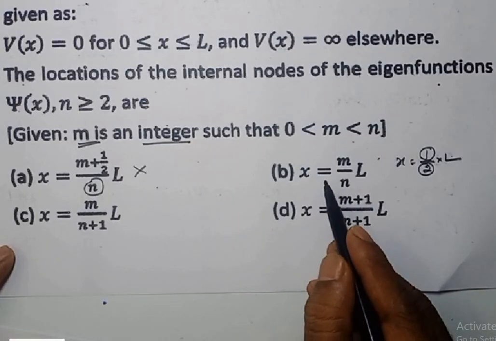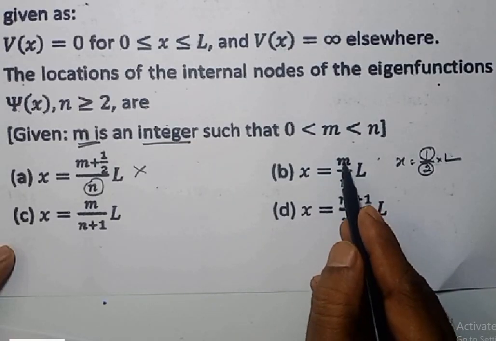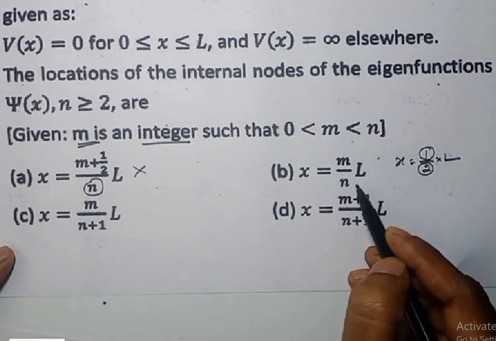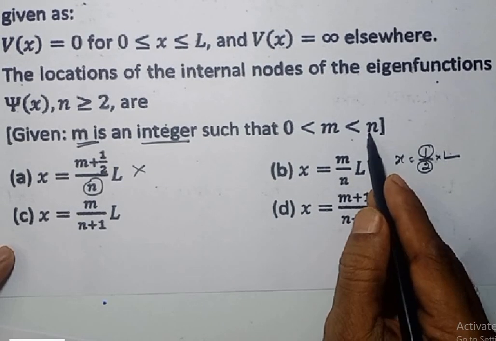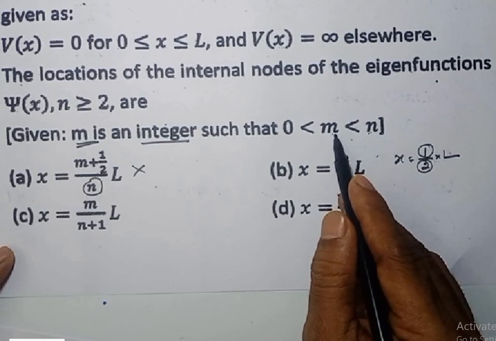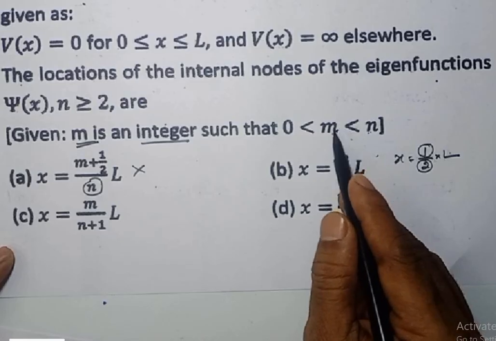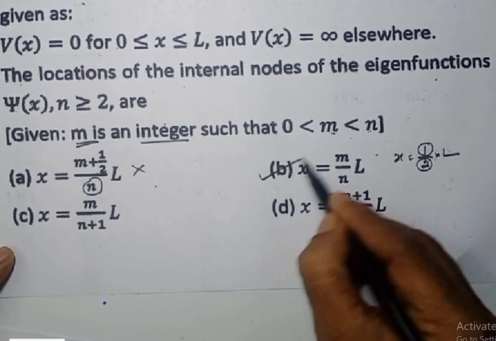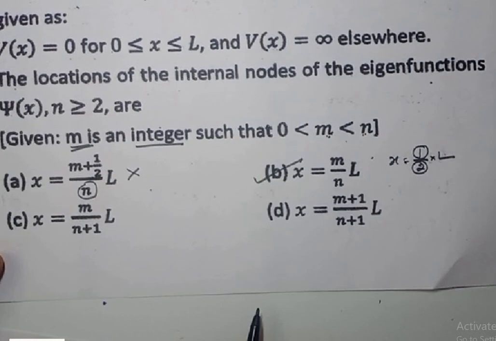Then if you come to here, yes, this is possible because m is an integer and n is also an integer. If you take n equal to 2, m should be less than 2 and m is an integer, therefore the integer less than 2 is 1. Therefore it should be 1 by 2. Yes, this option exactly matches.